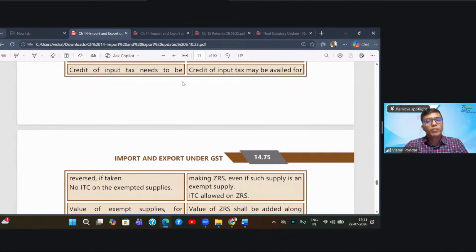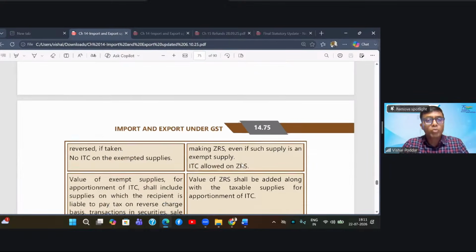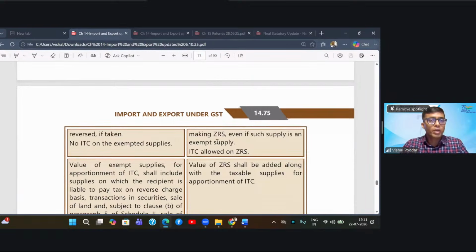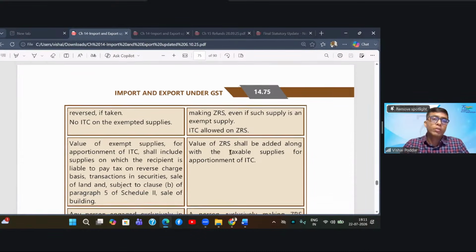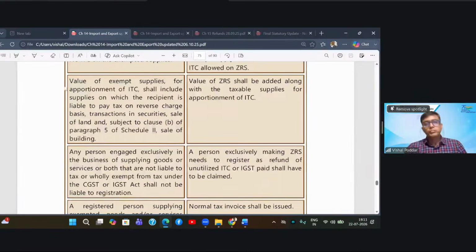Next, credit of input tax needs to be reversed if taken, and there is no ITC on exempt goods. Whereas credit of input tax is allowed to be taken where you are making outward zero rated supply, even if such supply is exempt, and this ITC which you have availed can also be refunded back.